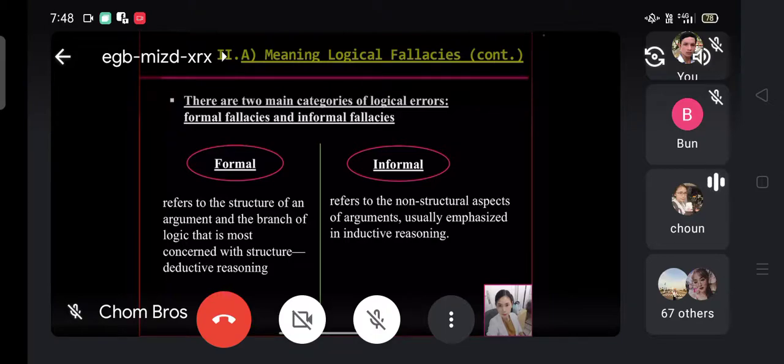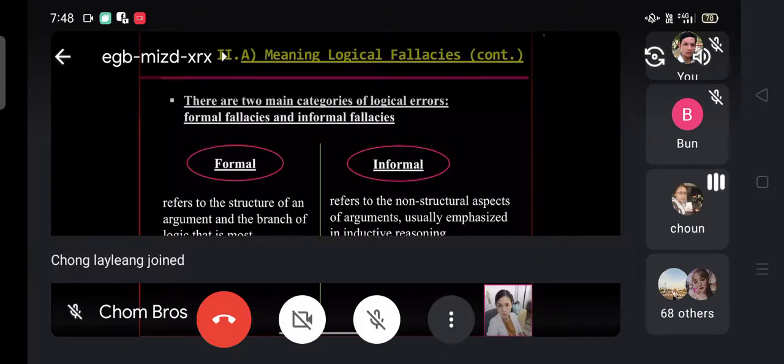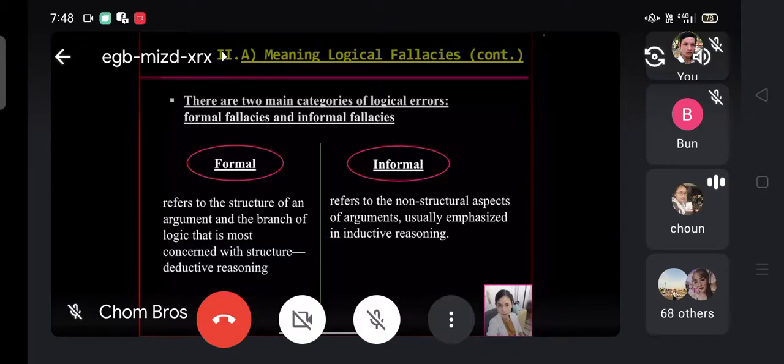Formal concerns the structure of an argument and the branch of logic most concerned with structure, deductive reasoning. Informal refers to the non-structural aspects of the argument, usually expressed in inductive reasoning.